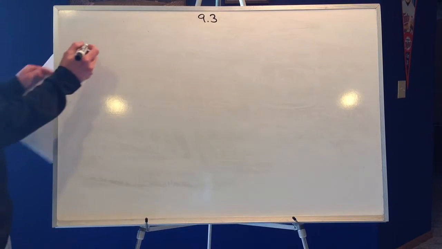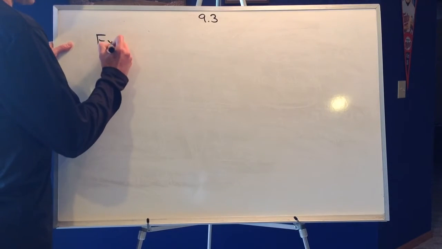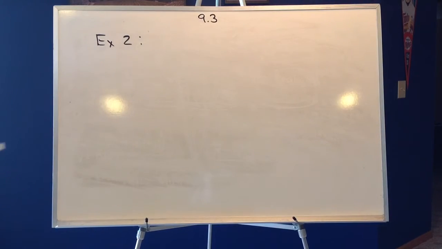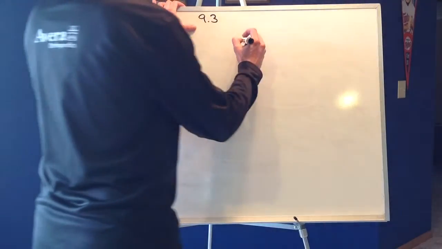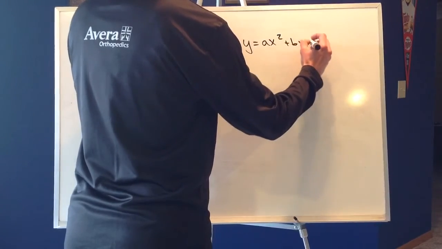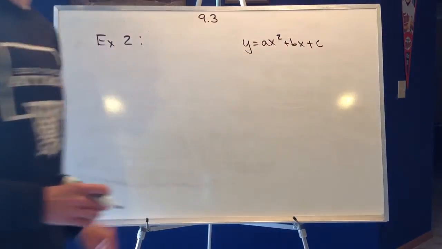Okay, the next type we're going to deal with is the square root method. Okay, now this method comes in really handy whenever you don't have a B term. Okay, if you have a B term, you cannot use this method. And what I mean by a B term is if you look back at your quadratics, you have this bx here.